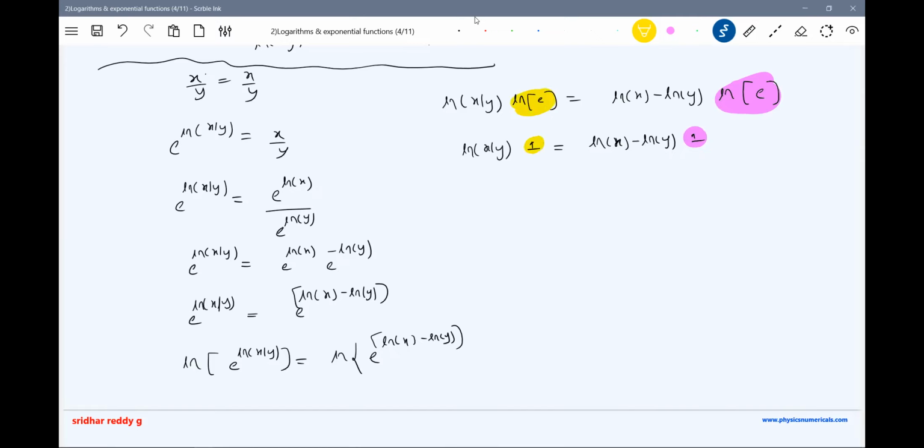Log e to the base e should be equal to 1. So finally, we ended up with log of x by y is equal to log x minus log y. So what we did is convert the division into subtraction. That is a use of the logarithm.